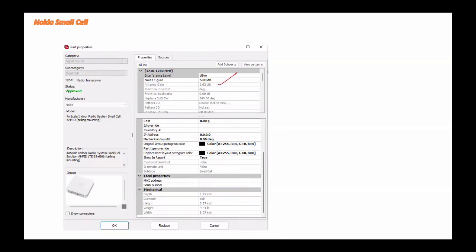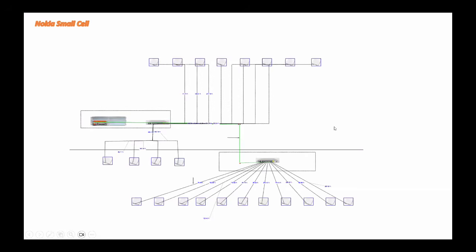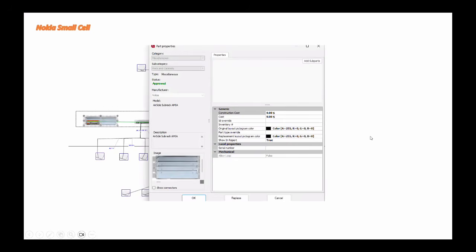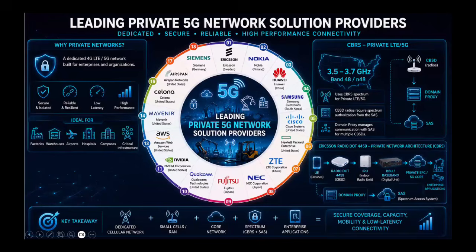These parameters are important in IBWave because they feed directly into our link budget, propagation calculation, RSRP, SINR, and RSRQ calculations. This diagram shows how we can scale the architecture from just a few radios to many ceiling mounted AHFIDs, and improve our coverage, capacity, latency, and network performance as well. These are all the diagrams from IBWave.